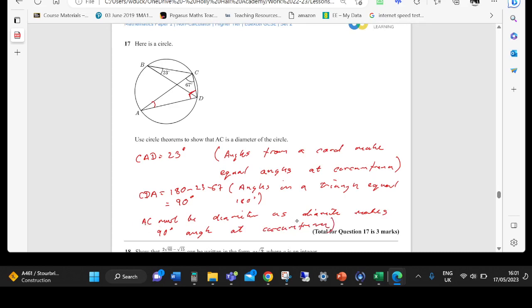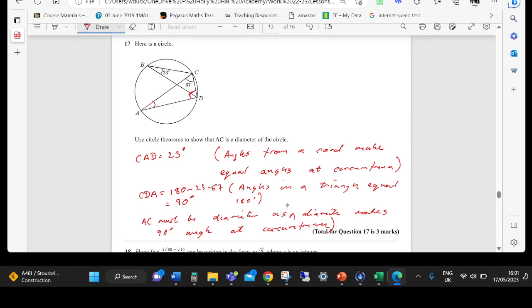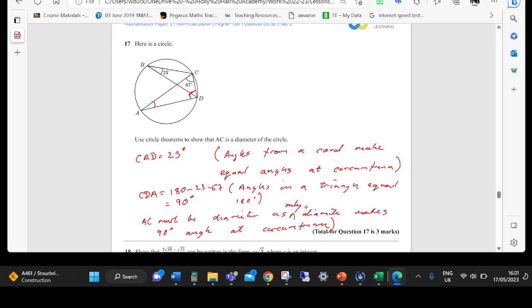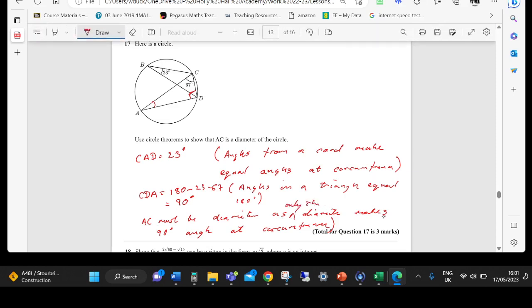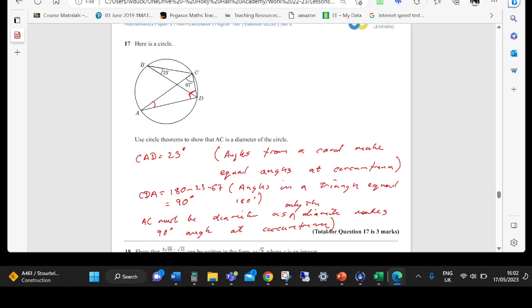Must be a diameter, as I should probably put only the diameter makes a 90 degree angle at the circumference.